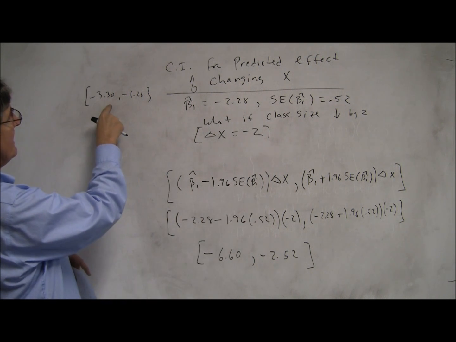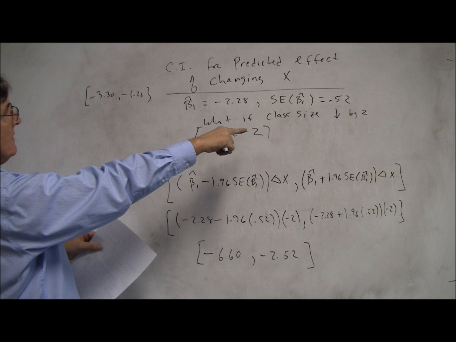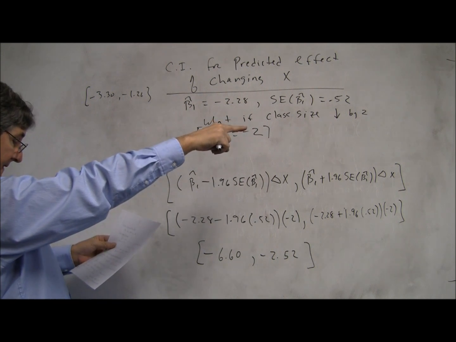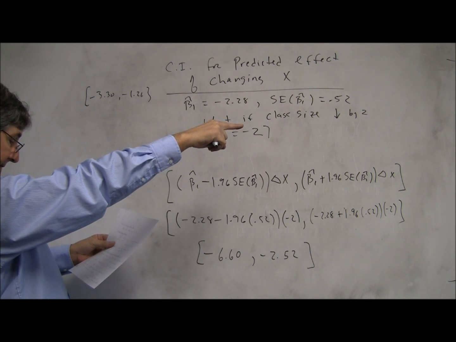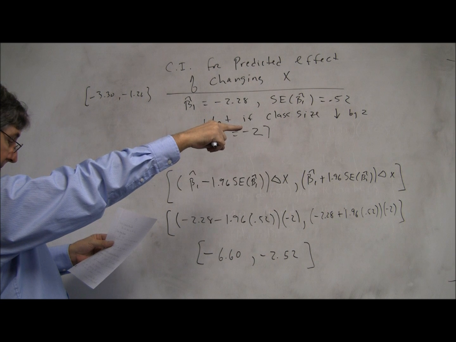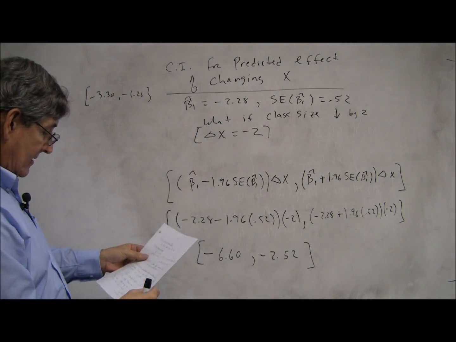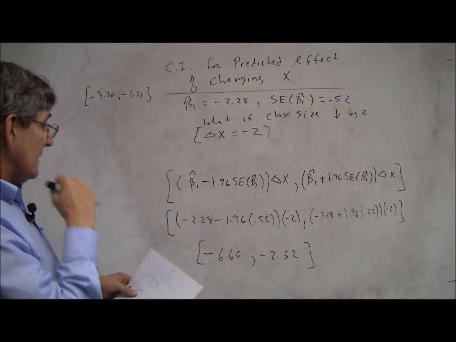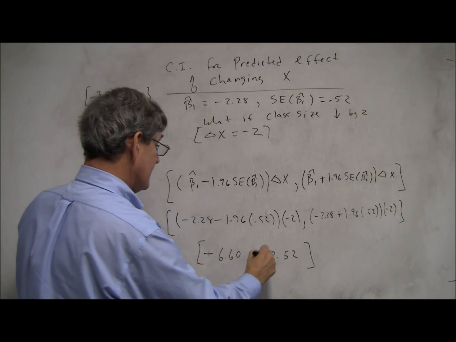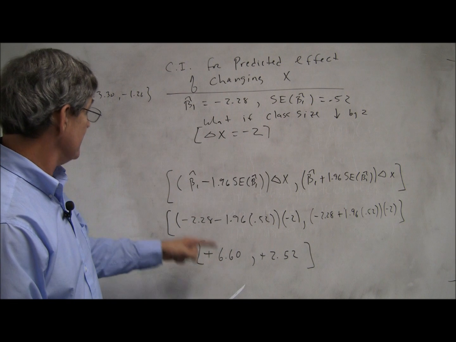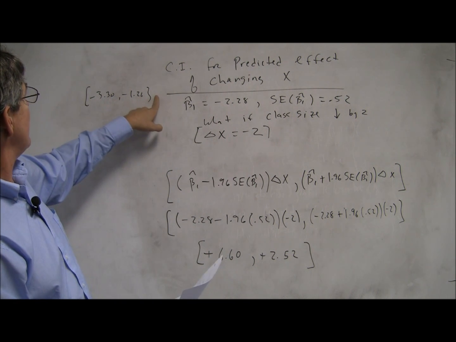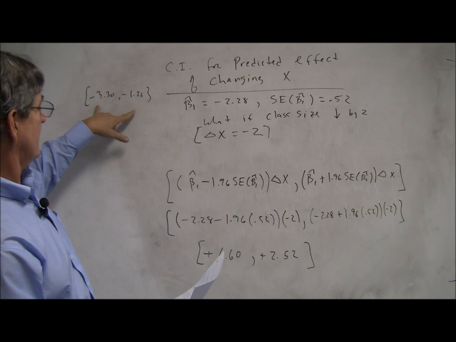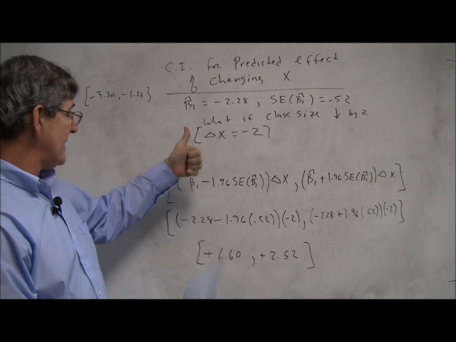If I just multiply these by the change of minus 2, I'll get those values. I'm sorry, these should be positives because I let the class size go down by 2. So I multiply this basically by minus 2. If the class size goes down, the test scores go up.